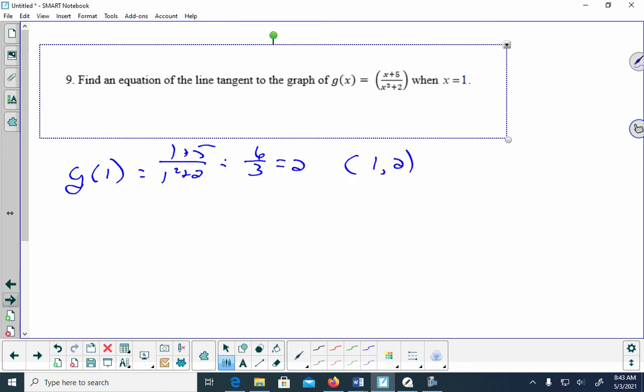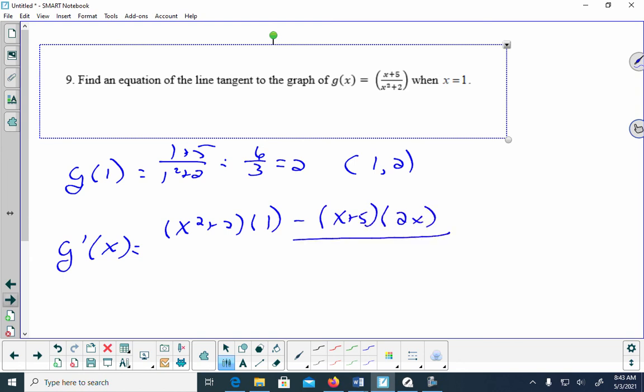Equation of the tangent line, so I want to find the derivative. To find the derivative, I'm going to use the quotient rule, so I'm leaving my denominator alone, taking the derivative of my numerator, which will just be 1, minus, leave my numerator alone, take the derivative of my denominator, which will be 2x, all over my denominator squared.